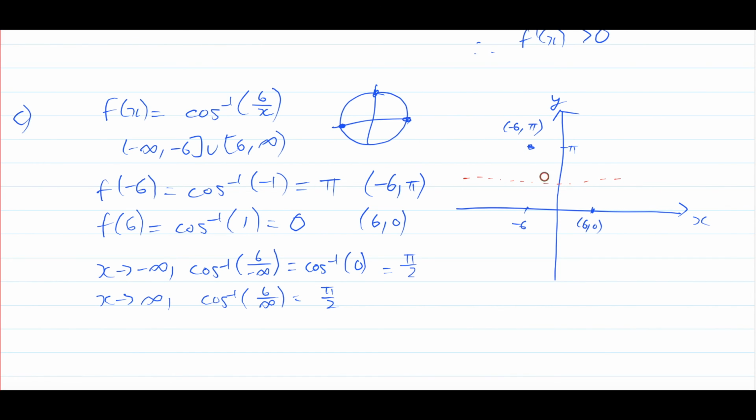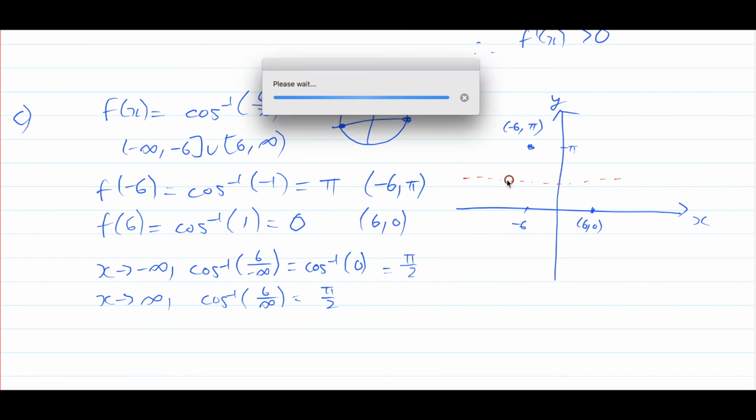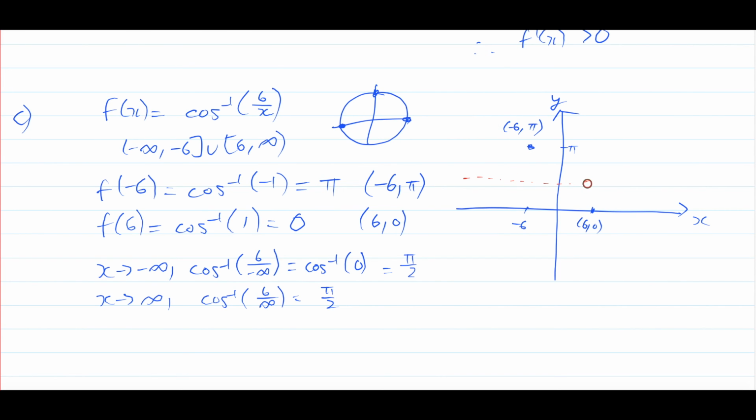So I'll draw a straight line at pi on 2. Okay, here is what our graph actually looks like. Like I said, as x approaches negative infinity, it approaches pi on 2. So from this point, as x decreases, going to the left, it gets closer to your asymptote.